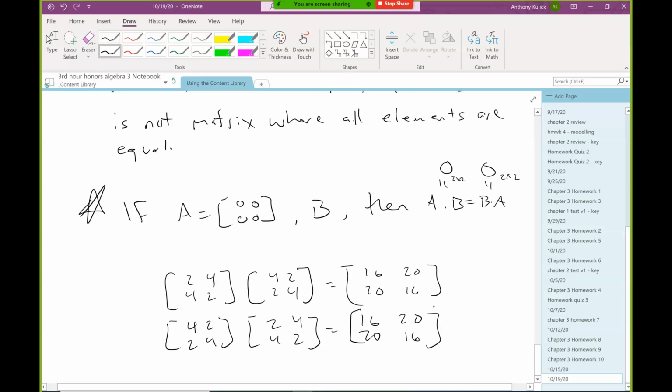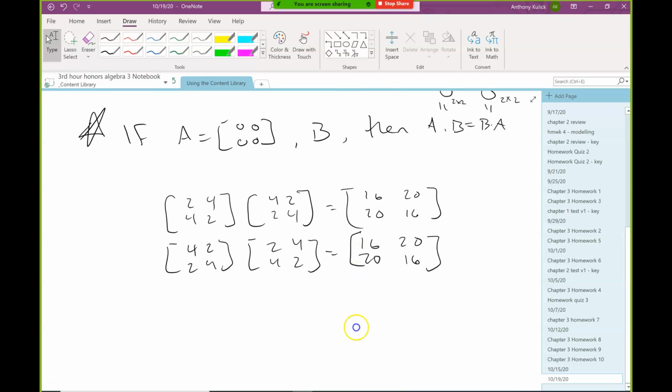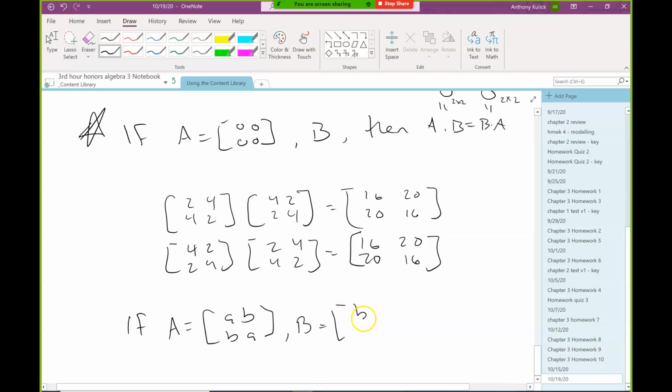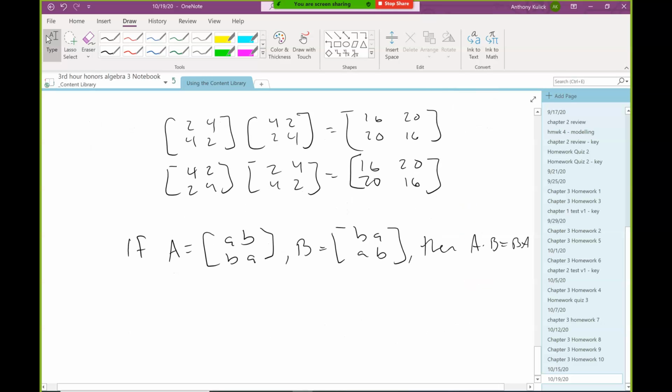So how would we generalize this? If A is equal and B is equal to, and as an aside here, B, call that A transpose.